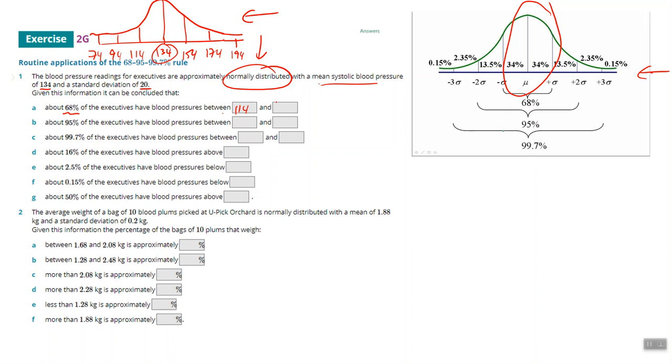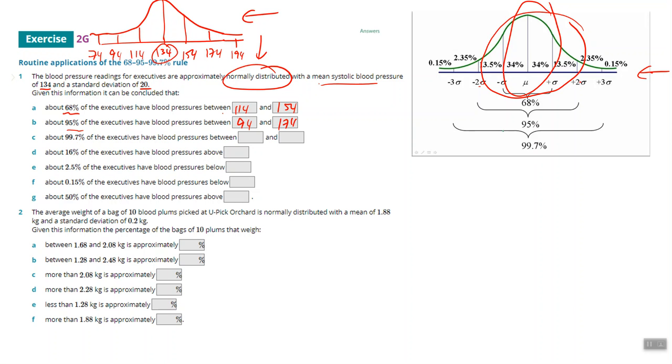So 114 and 154. 95% of them lie between what? 95% is two standard deviations on either side of the mean, because if you add this area here, you get 95%. So two standard deviations, just count 1, 2. So between 94 and, from the mean 1, 2, 174.